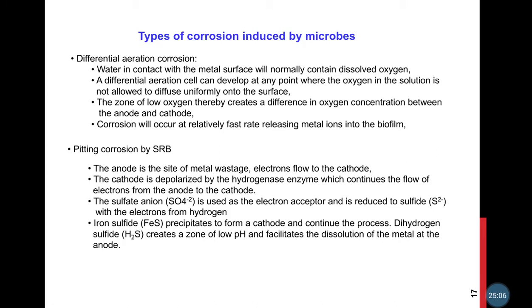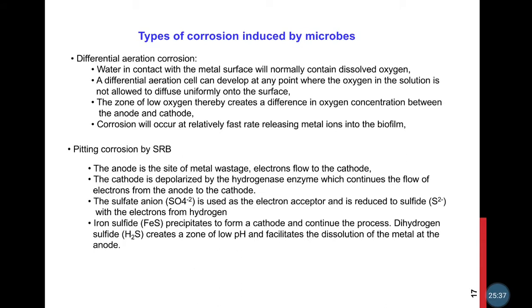Okey, bila berlaku perbezaan antara kawasan yang ada oksigen tinggi dengan oksigen kurang, kat situ akan wujud mikroorganisma yang ada pada persekitaran tu, dia akan masuk kepada site tu, so dia akan promote kepada aeration corrosion, differential aeration corrosion. So ini satu jenis corrosion yang disebabkan oleh aktiviti mikroorganisma yang kita panggil MIC.